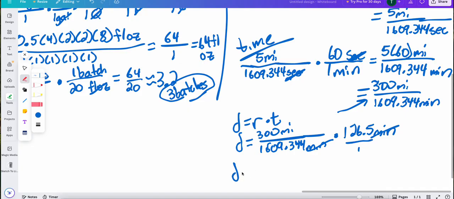So when we do this, we're going to have 300 times 126.5 divided by 1,609.344.